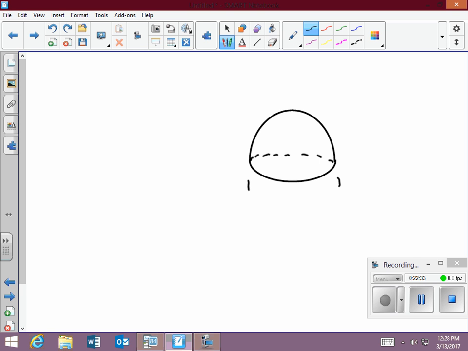From here to here is 4.8 meters. You want to find the total surface area of the following solid. Okay, 28A. Surface area total. So it's the surface area of that circle, which is the base, right? And this plus the surface area of the half of the sphere.